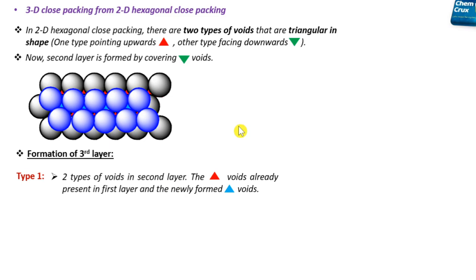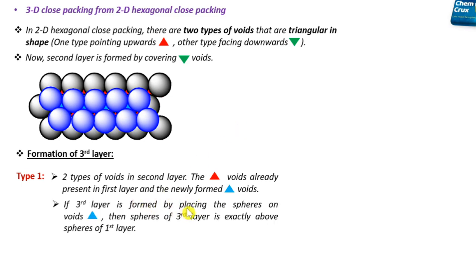Now the third layer can be formed by placing the spheres on these newly formed blue colored voids, right? So I am placing the spheres on the blue colored voids and forming the third layer.